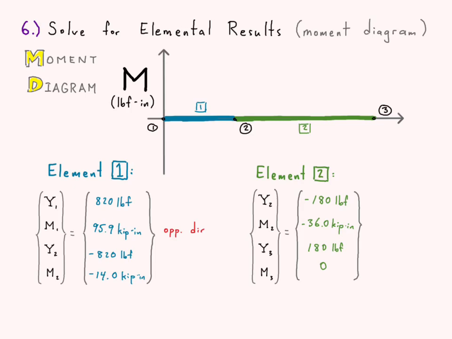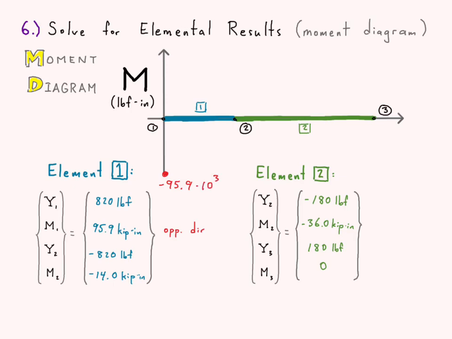And so here we just write what we have for a moment at node 1 in element 1. This value of 95.9 is actually the opposite direction of what is considered to be a positive bending moment through the element at that end, on the left end. So we flip the sign, which is why we have negative 95.9 pound inches, probably should be kip inches there. And we'll go ahead and write that in right now on the fly, times 10 to the third.